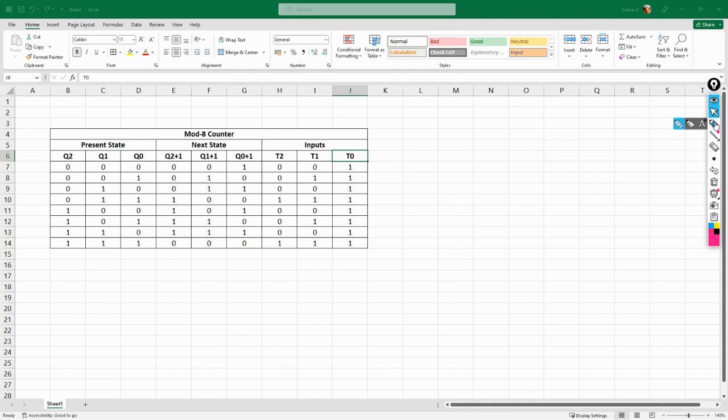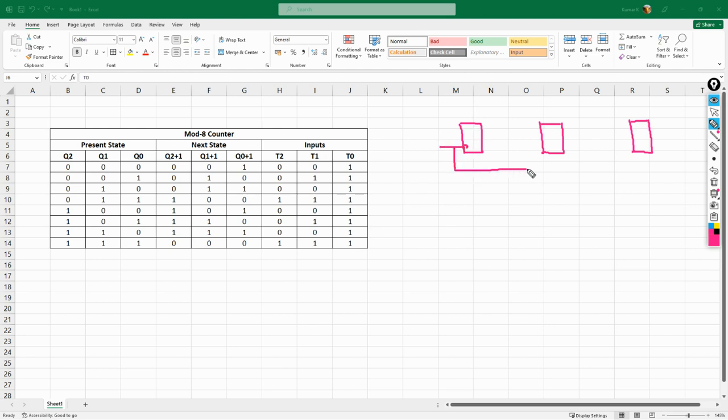Say for example this is your first flop, say this is your next flop, and say this is the last flop. We are designing a synchronous counter.